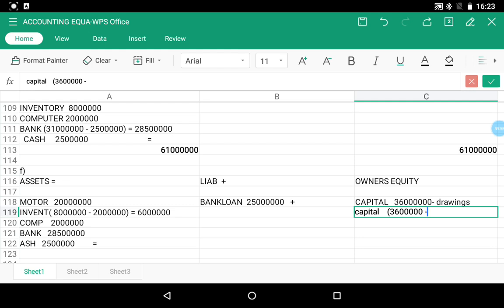Our drawing is the iron sheets worth 2 million. So our capital will remain 34 million.